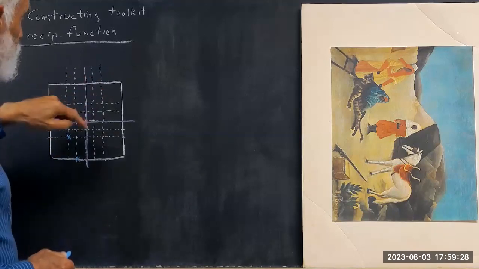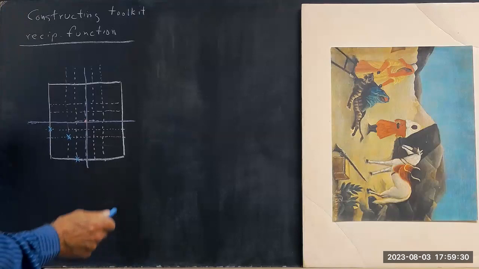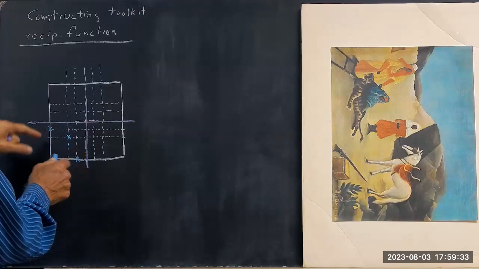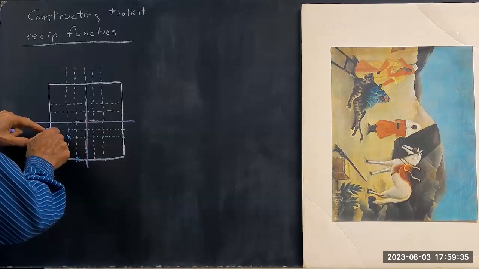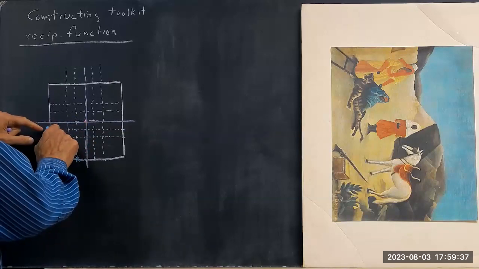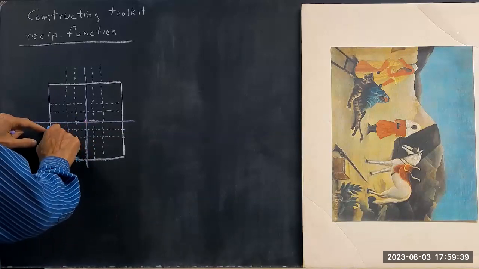Then what we do up here is exactly the same thing. Take the point that's symmetric with this, and by symmetric, I'm going to say symmetric through the origin.